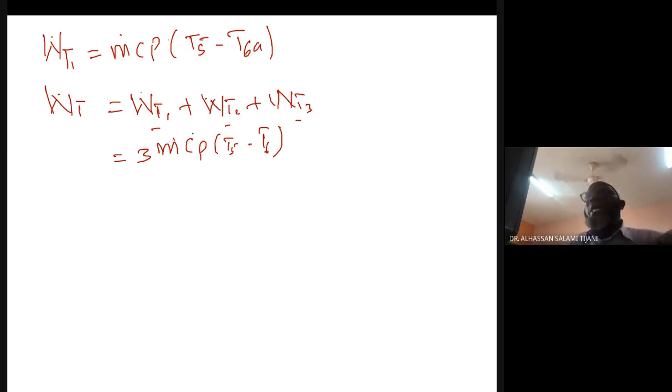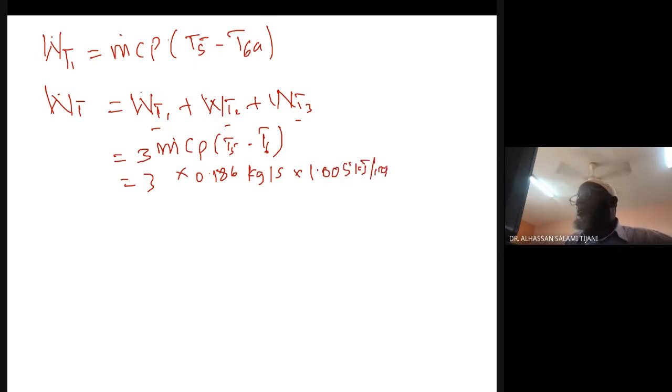So now I will have 3 times the mass flow rate, 0.186 kilograms per second, times the specific heat capacity, 1.005 kilojoules per kilogram per Kelvin, then times the temperature difference, 1077.96 minus 852.816 Kelvin.